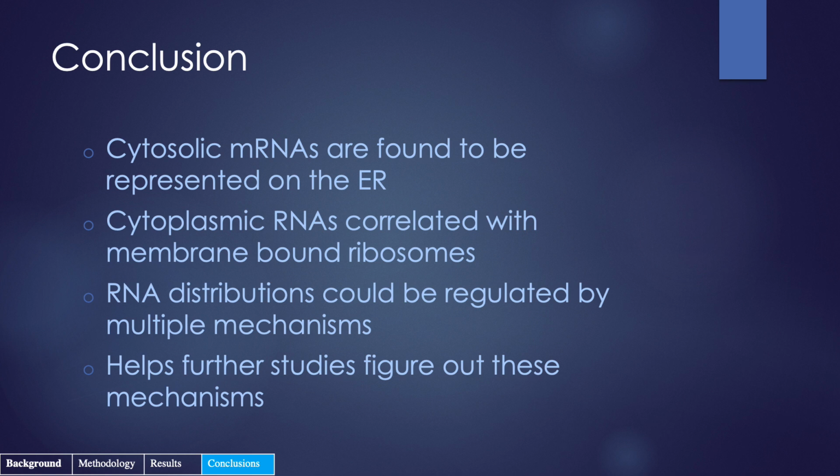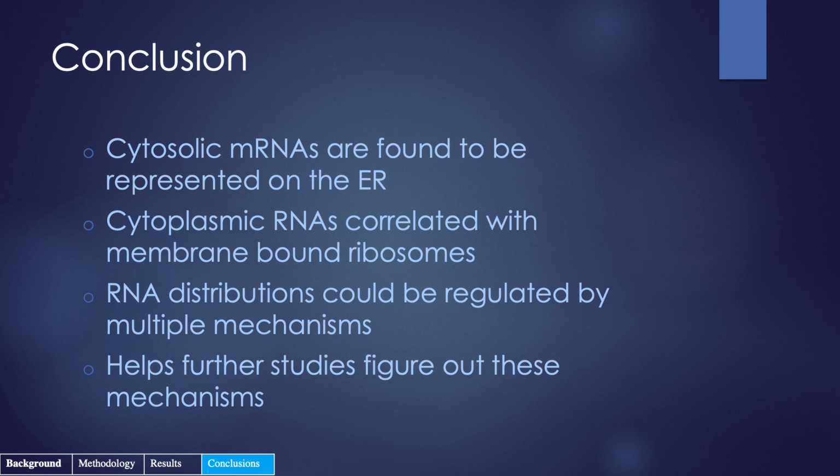So it ensures that these proteins go to the right location in the cell. But while this is true, this paper does indeed show that there are cytosolic mRNAs that are found to be represented on the endoplasmic reticulum. So these cytosolic protein encoding mRNAs were found to be broadly on the ER, but they are still there.